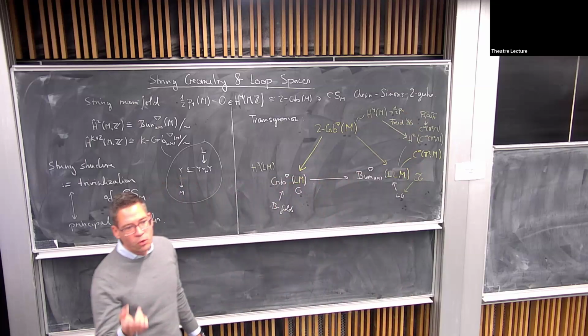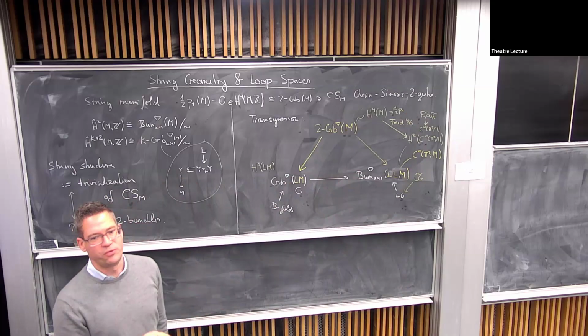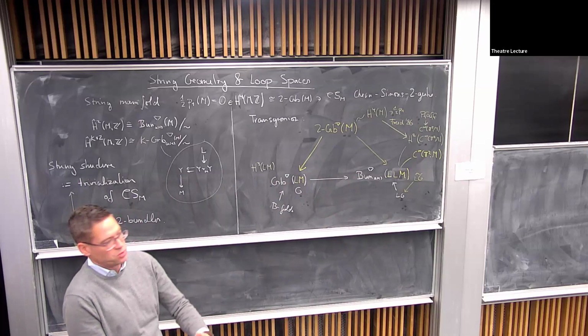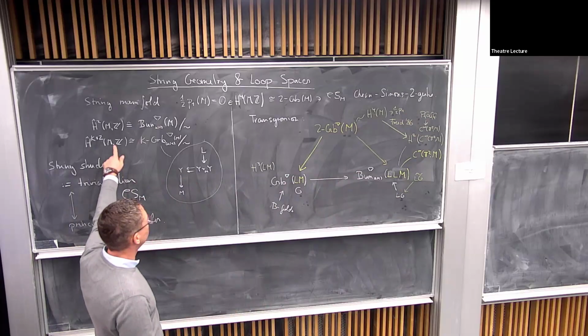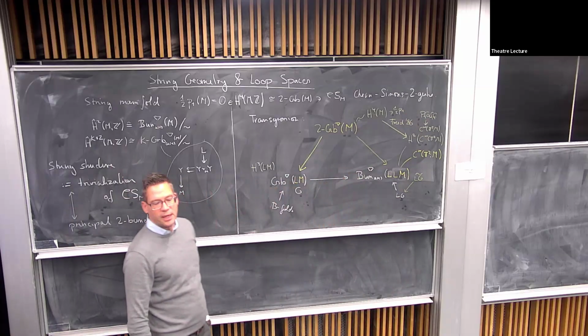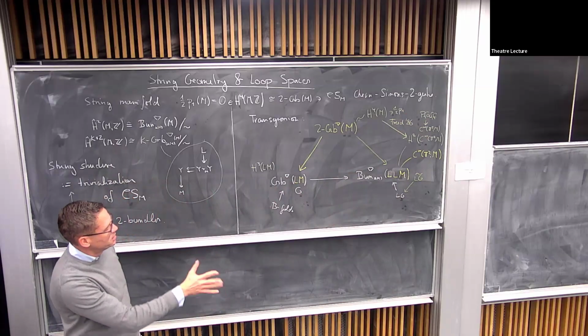So only if we have a specific isomorphism can we translate the section into a function, because otherwise we just know there is an isomorphism. It doesn't help. So we need a string structure to get the trivialization of this Pfaffian line. And the transgression of these gerbes tells you exactly how it's done.